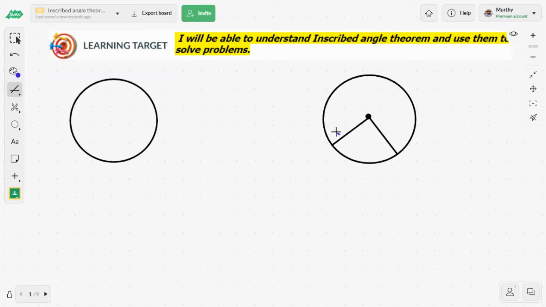This is one radius and this is another radius. These two radii together make an angle at the center. I call this one the central angle.